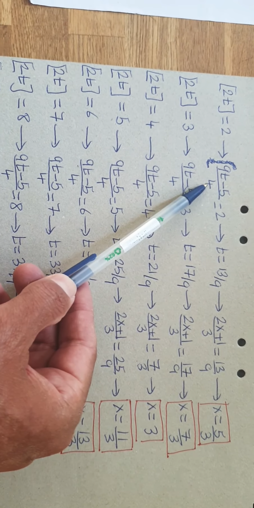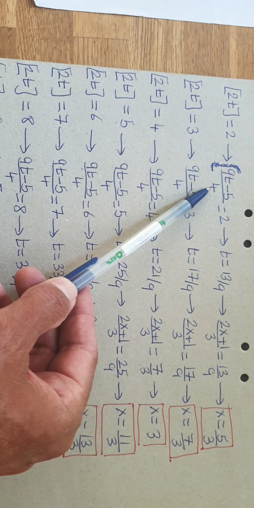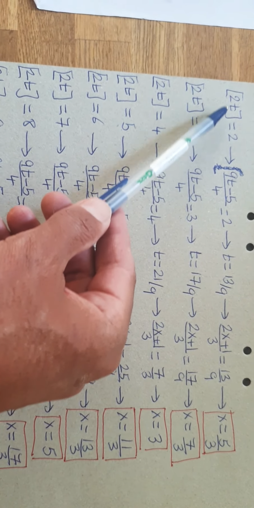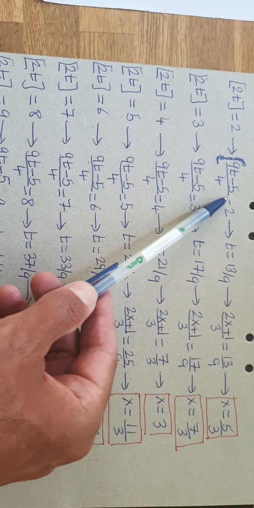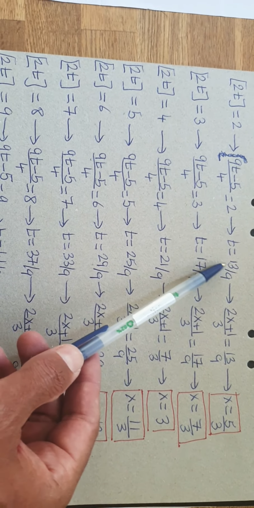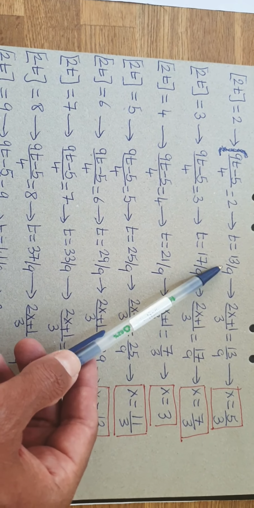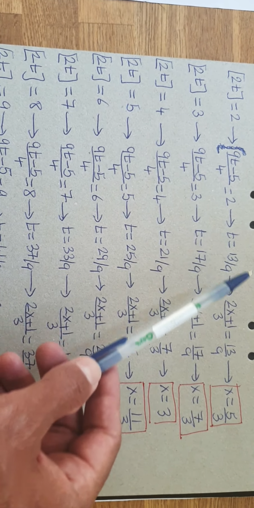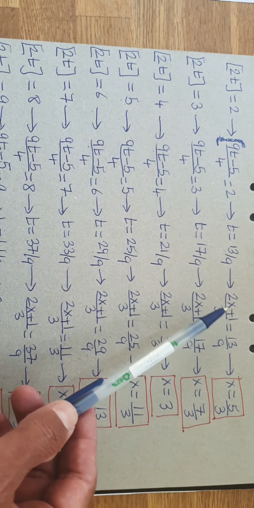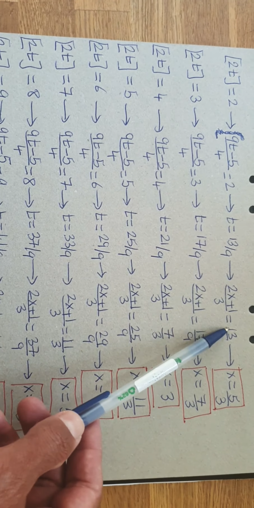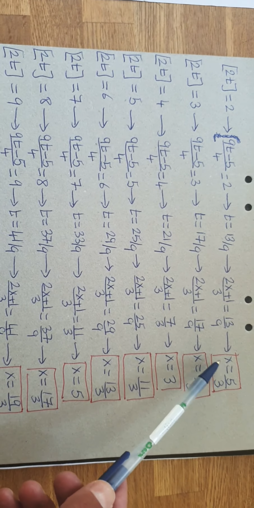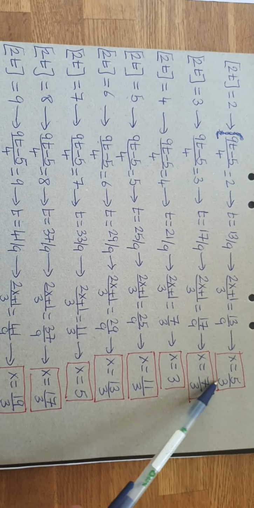And by this operation, we have got rid of the square brackets. Solving this equation, t is 13 by 9, and going back to t equal to (2x plus 1) divided by 3 and solving this new equation in x, we get x equal to 5/3.